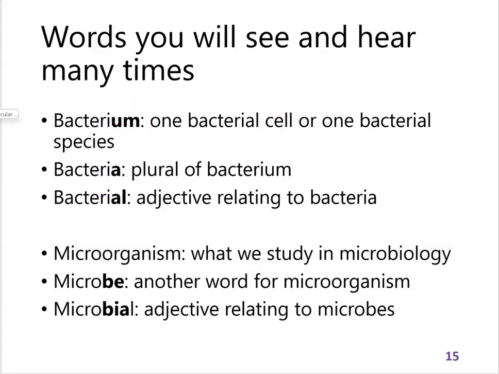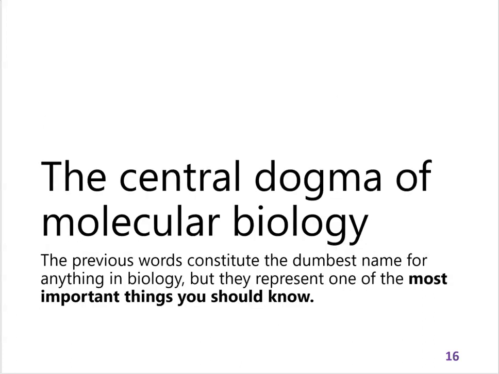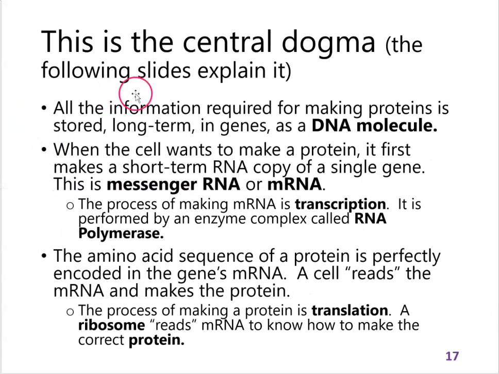Okay, so with that finally out of the way, we can look at the central dogma of molecular biology. I end up saying that phrase, central dogma of molecular biology, a lot, even though it is dumb. It is not a phrase anyone should use, but the idea it represents is very important. So here's what it says.